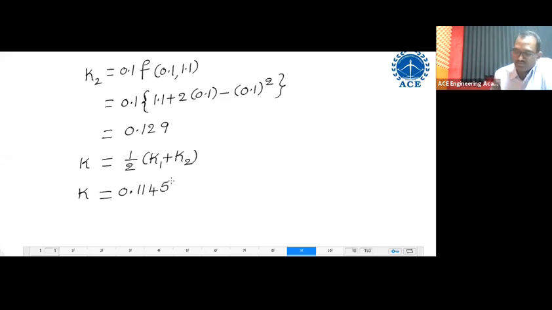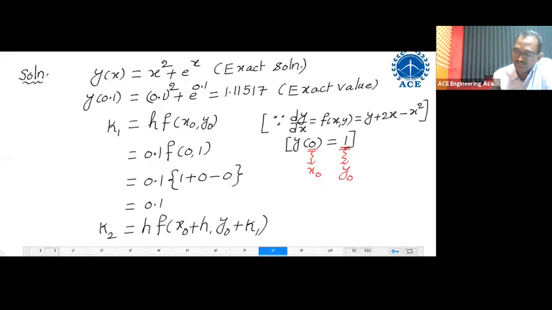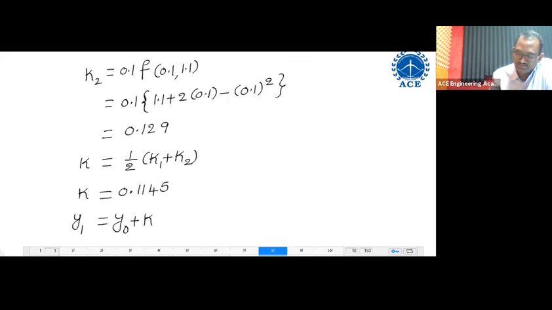You are asked to find only the first iteration, that is y1 is equal to y0 plus k. What is y0? 1. So 1 plus 0.1145, that is 1.1145.